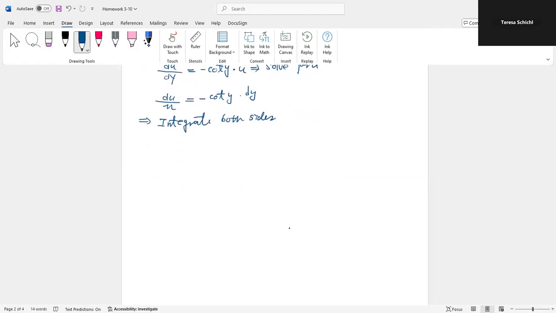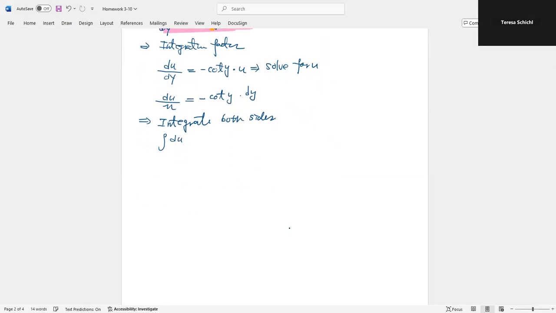Then here, I will have du over u equal to negative cotangent y dy. The cotangent I can write as cosine y over sine y, dy. Then here we can do a simple u substitution.